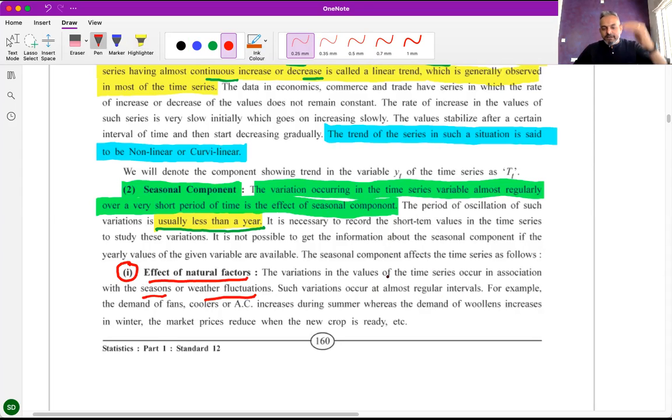You have seen how temperature increases or decreases, and based on that, demand for fan, cooler, AC increases during summer, and woolens, heaters, or hot water geysers increases in winter. The market price reduces when a new crop is ready, etc. So these are the effects of natural factors on the seasonal component.